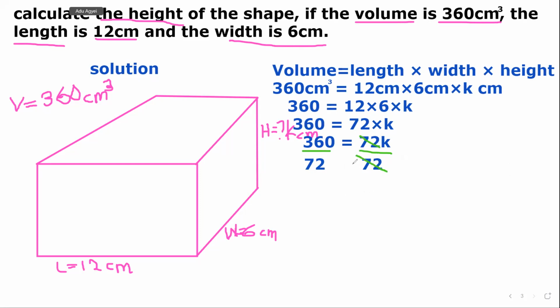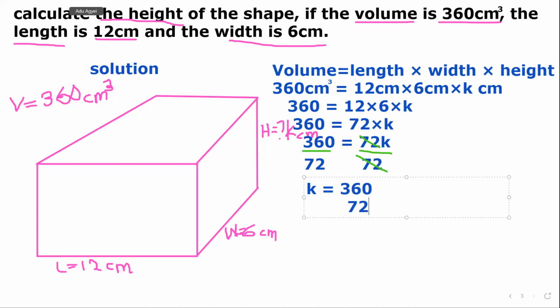Okay. Now K is free. So now we have the K, which is equal to 360 over 72.